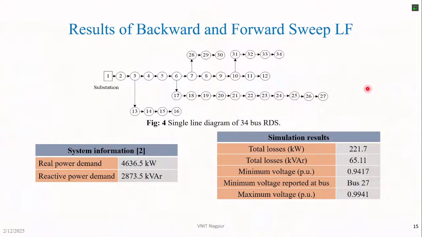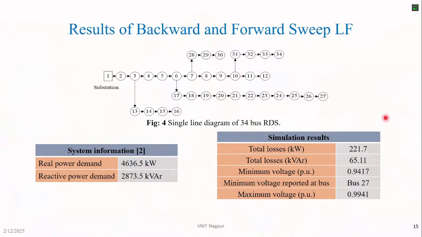Now if we go for a bigger system, the voltage drop will be further. At that time we may need to add a capacitor bank or something similar. So where we should connect it, and the moment we connect it, what the reactive power injection should be, based on that we again have to carry out the load flow analysis and check the minimum voltage and the losses across the system.